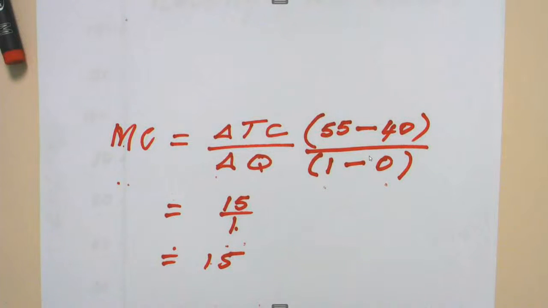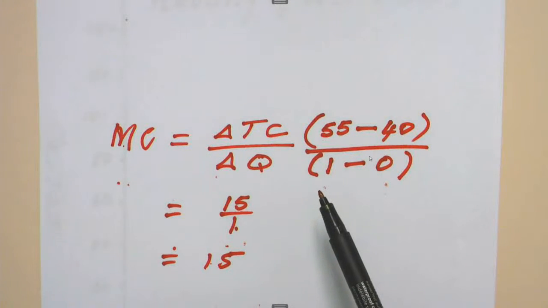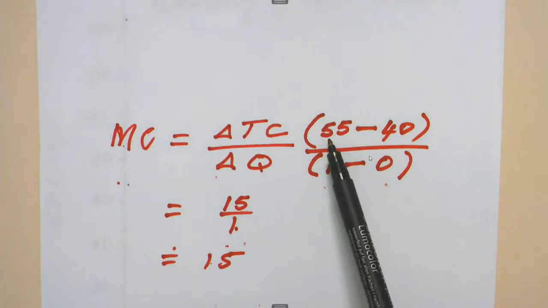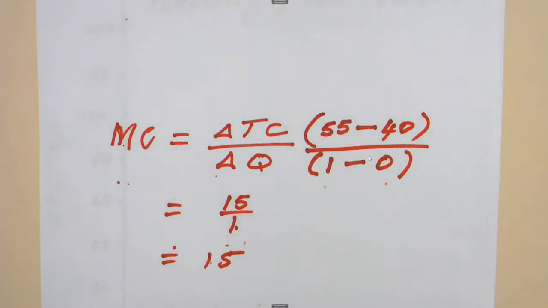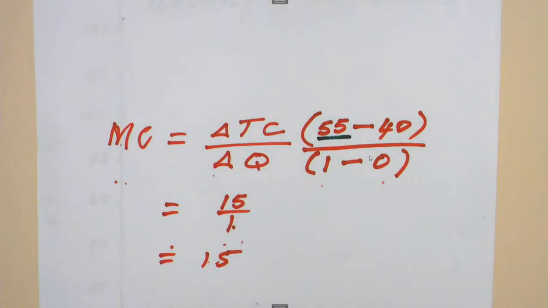At output 1, before we produced the first item, we produced nothing. So at the new total cost, when we produced the first item, our total cost there was 55, right? But when we were not producing anything, what was the total cost?